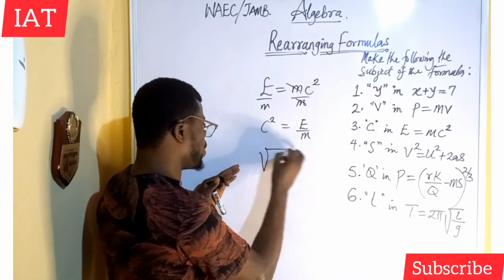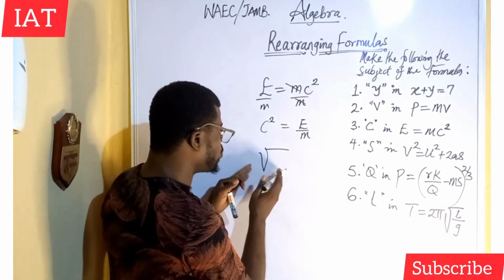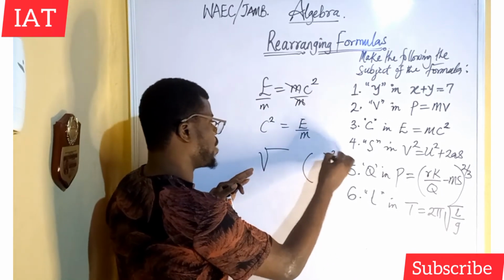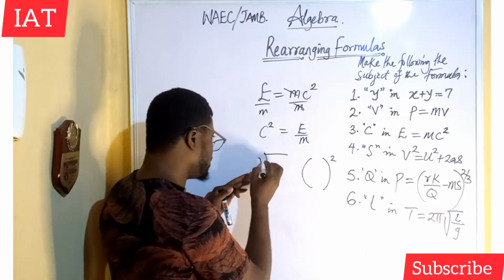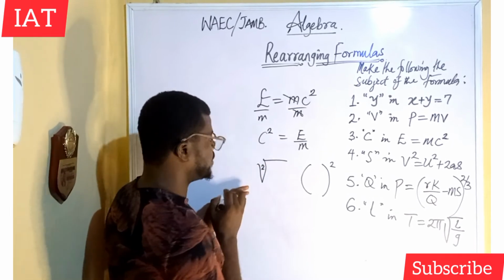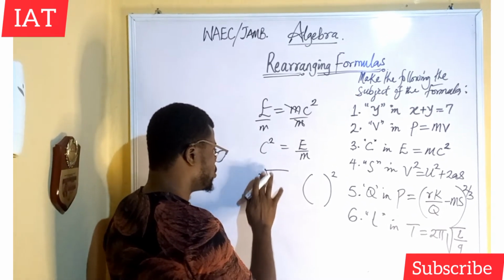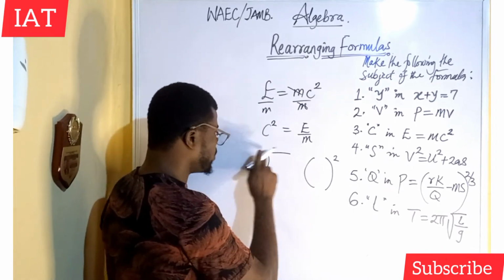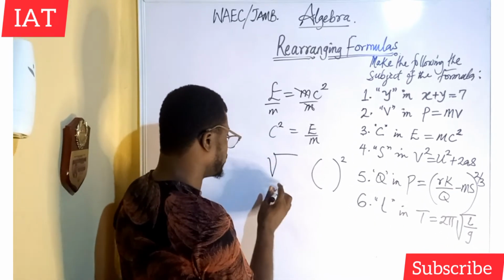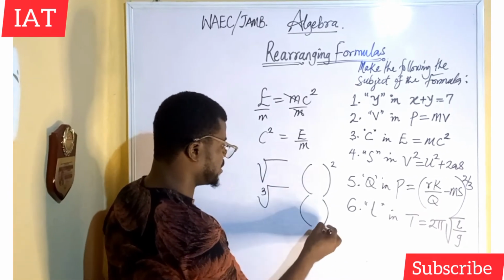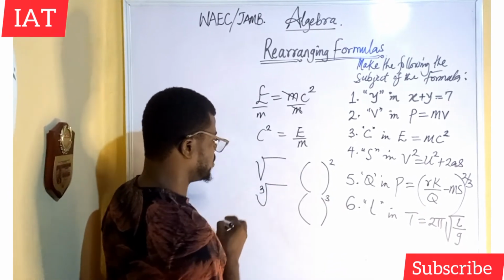If I have a square root, notice that this square root means a bracket having a power of 1 over 2. This 2 is there by default, but in our calculator, you won't see this 2. So when you see the root sign like this, by default, it means square root. If I have 3 in a root like this, this means a bracket that has 1 over 3 on it.